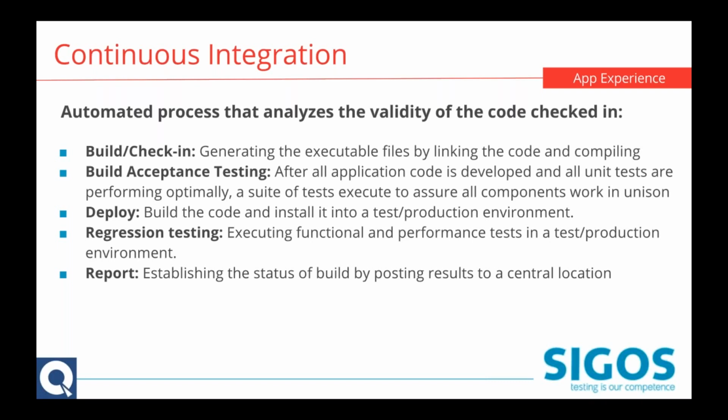We're making sure we're going through a full regression and making sure that no area of the software affects any other area. If all of our build acceptance tests pass, we're then able to deploy this application, all in this one single repeatable automated process, into a test or production environment.